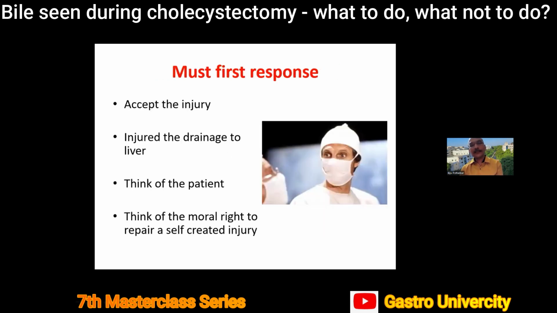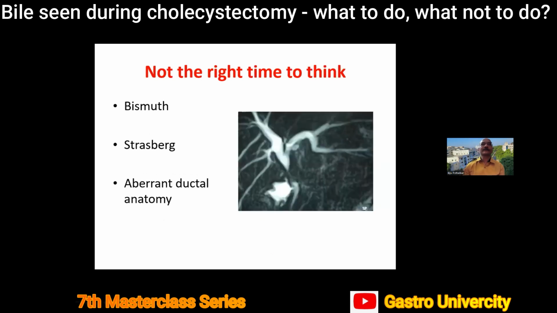So with all this in mind, your mindset should be, first accept the injury, realize that you injured the drainage of the liver, and think of the patient. In the next session, we are going to discuss the moral right to repair a self-created injury.